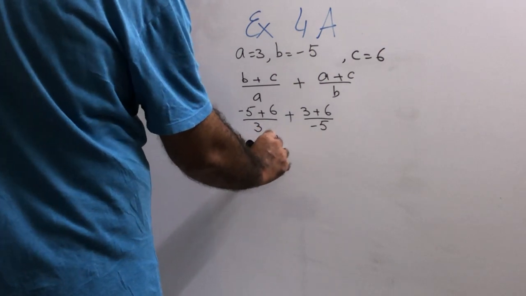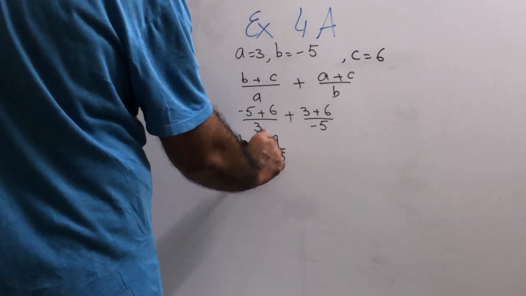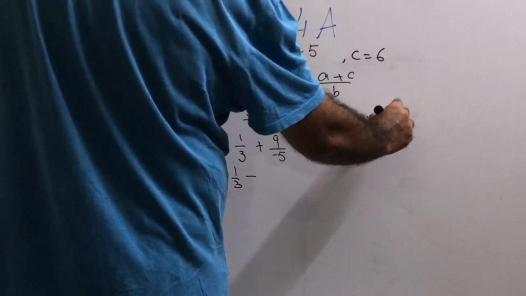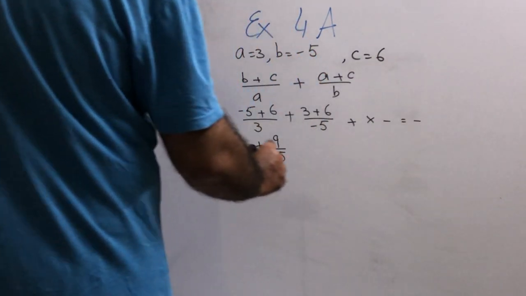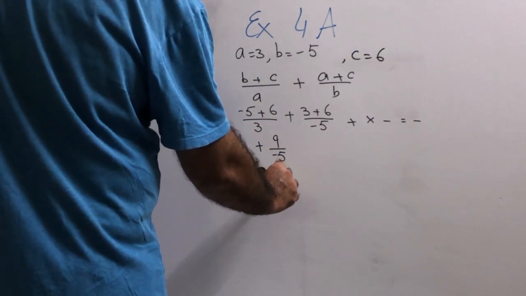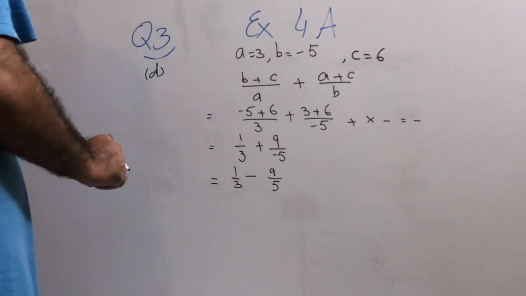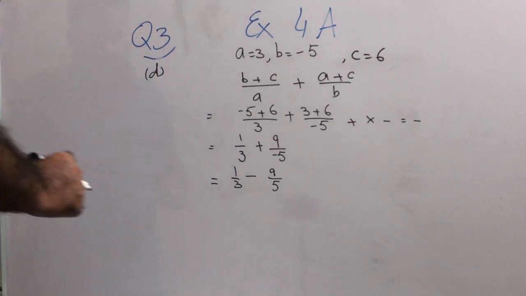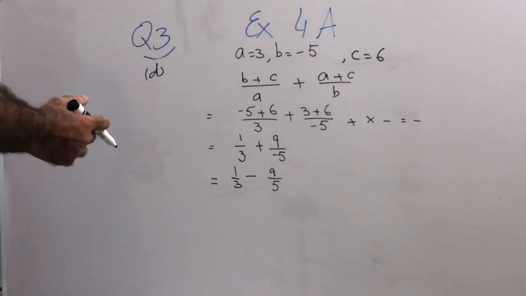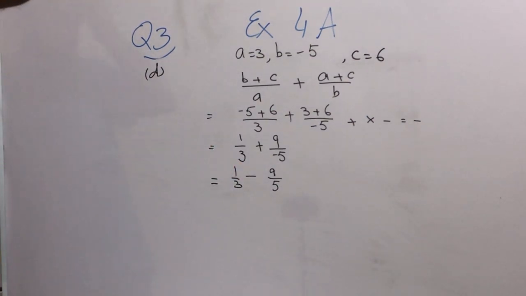Then in the next step, this plus sign will be multiplied with this minus sign and we get minus. Plus multiplied by minus sign, the answer is minus 9 over 5. Now this is a simple question of addition or subtraction of fractions.